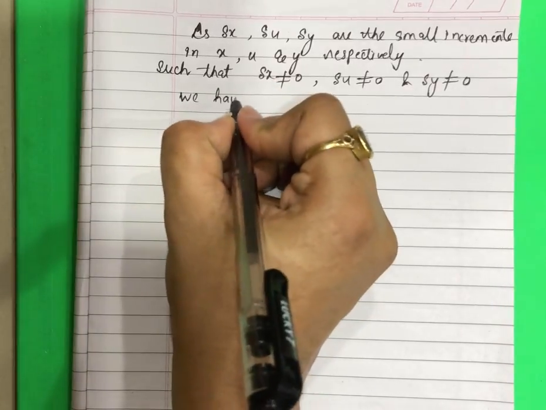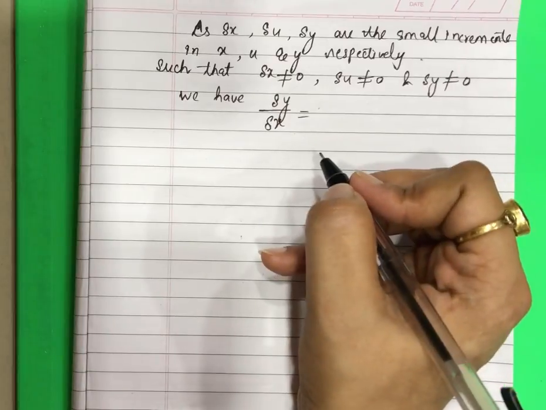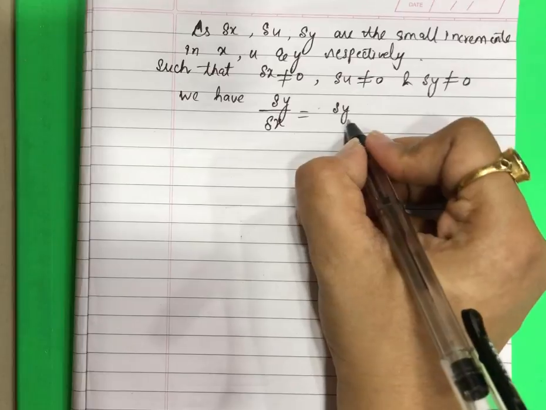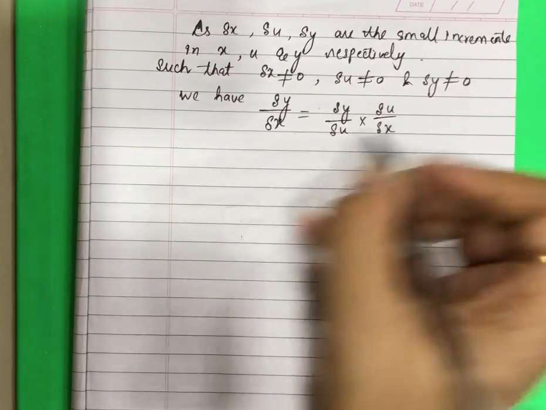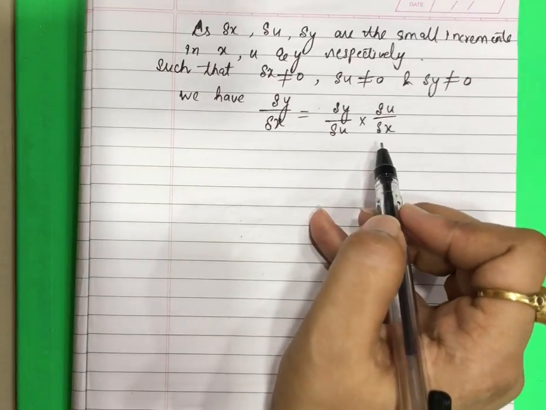We have del y upon del x. Now in order to prove the theorem, I will divide by del u and multiply by del u here. So del y by del x is written as del y upon del u into del u by del x.